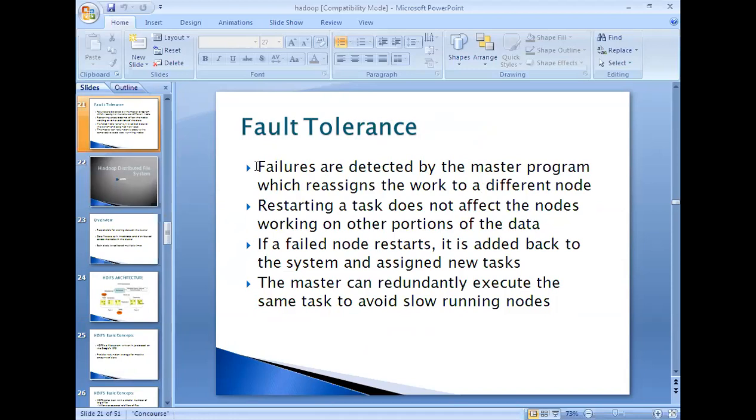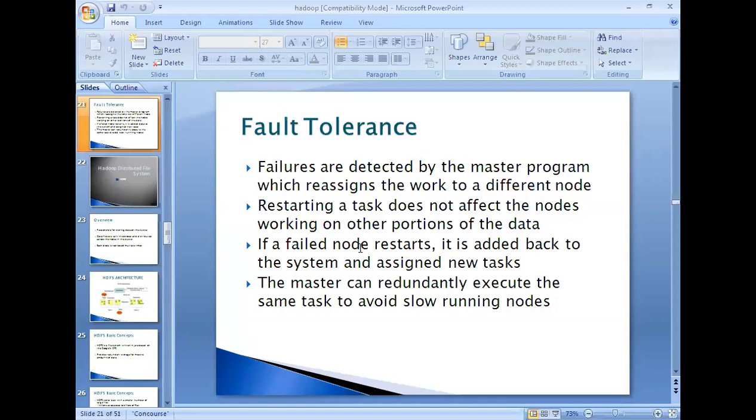Failures are detected by the master program, which reassigns the work to a different node. There we understood that the master is the key component which reassigns the responsibilities to other chunk servers if one chunk server fails. Here also, restarting a task does not affect the nodes working on the other portions of the data.